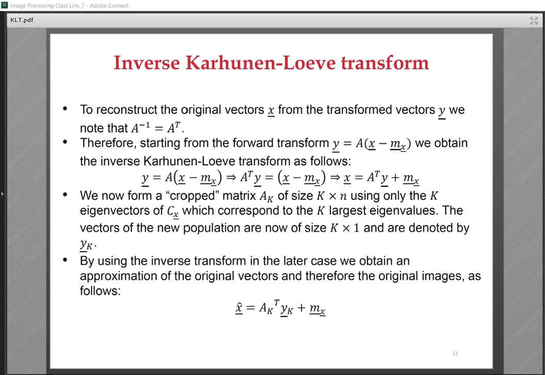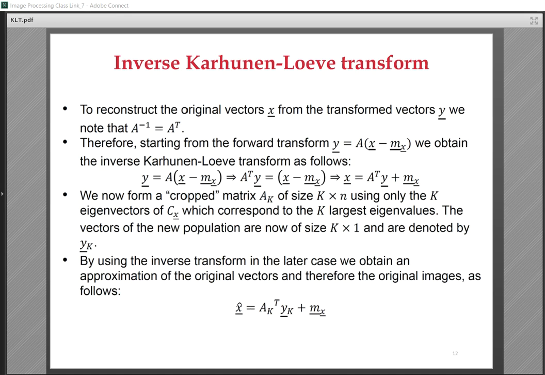That's it. The vectors of the new population of y are now of size k by n and are denoted by yk. Yk is a good approximation of y. Why? Because we selected the eigenvectors with the largest eigenvalues.